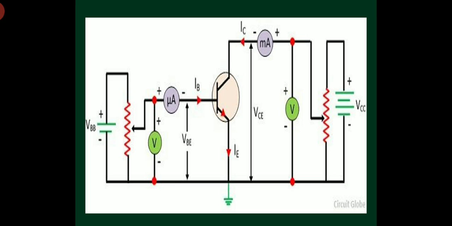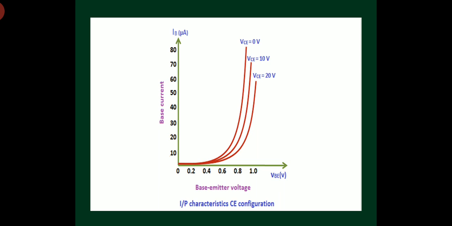So just the input circuit forms a forward bias PN diode. That's it. So when VCE equals 0, when the reverse bias voltage is 0, the transistor just acts as a forward bias PN diode. So the characteristics are equal to the characteristics of a forward bias PN diode.